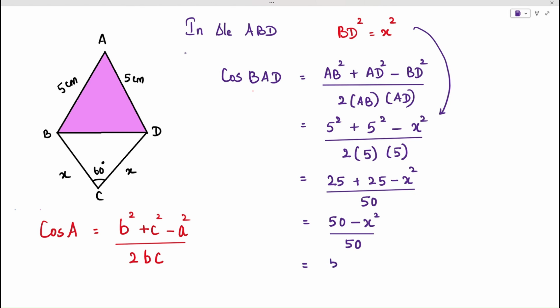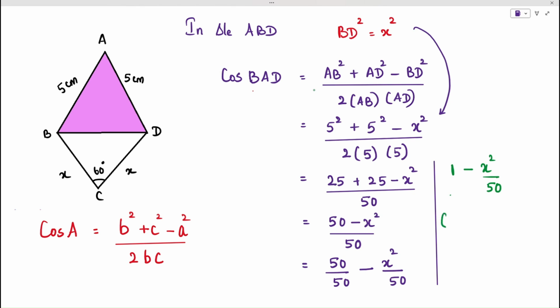So we can have this as 50 over 50 minus x squared over 50. 50 over 50 can be written as 1. So we now have 1 minus x squared over 50, and we have this equal to cos BAD.